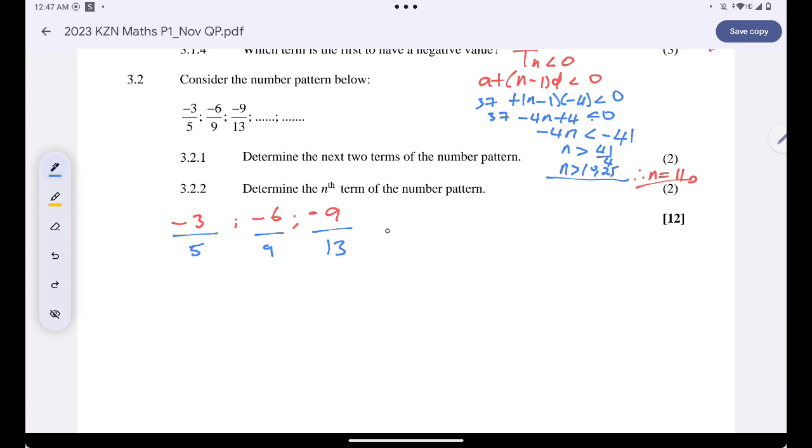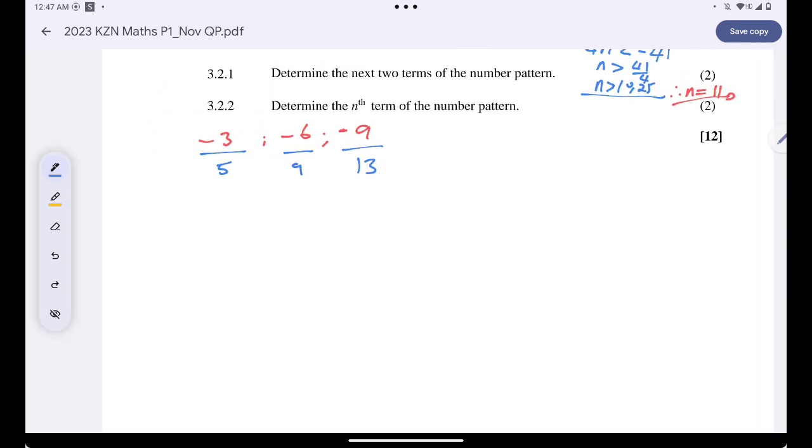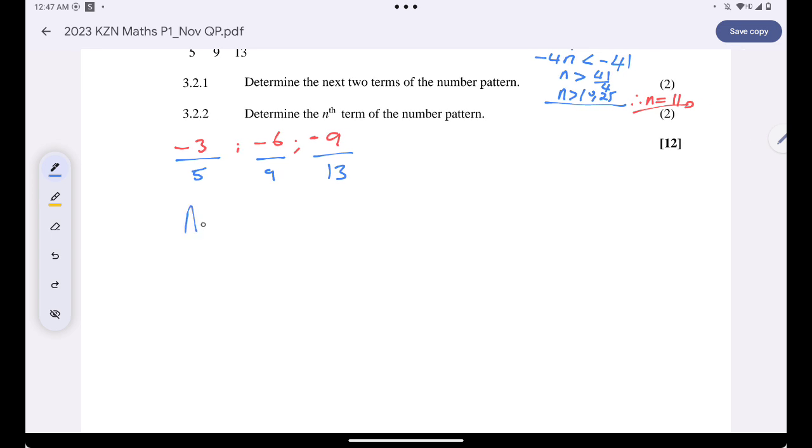if I treat these two things separately, let me write the numerators in red. I have a negative 3, negative 6, and a negative 9.